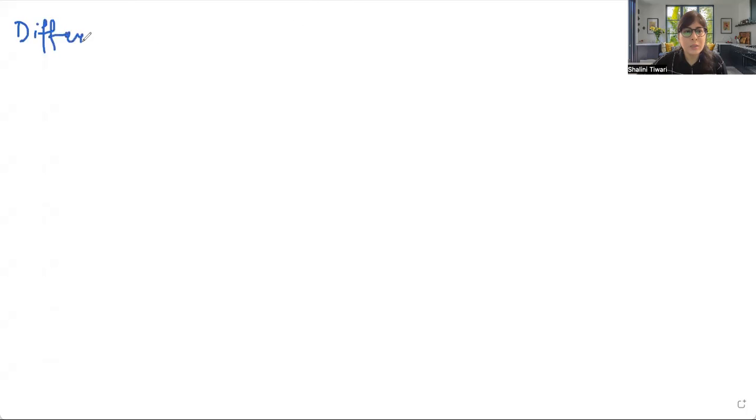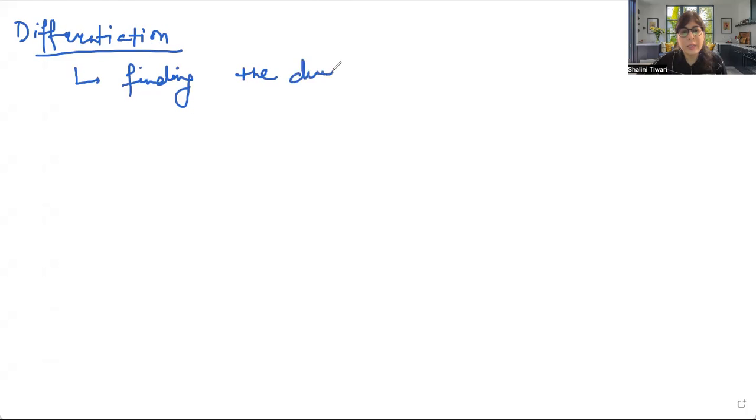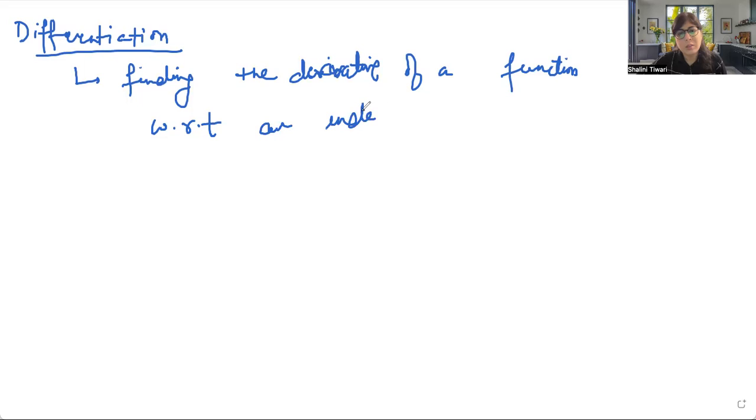So our topic is differentiation. Differentiation is finding the derivative of a function with respect to an independent variable, and it is represented by d by dx.